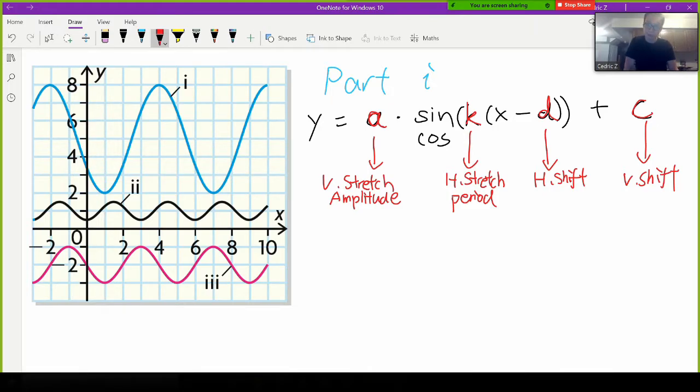successfully fitted my model. Actually, before you determine the a, k, b, c values, you first have to determine whether you want to fit this to a sine function or a cosine function. The reason is your a value and your b value might change, depending on sine or cosine.